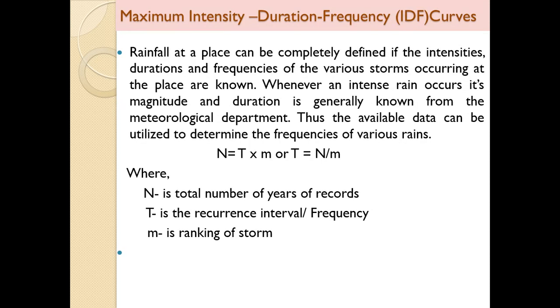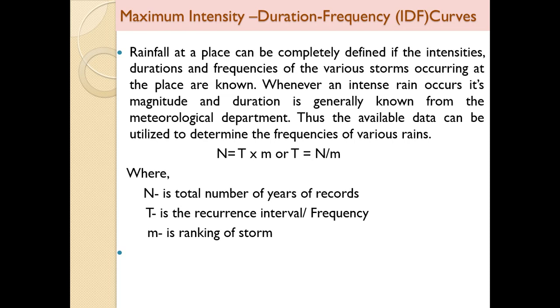It is very simple. Now next is maximum intensity duration frequency curves, popularly known as IDF. On this also 99% of the time a short note is asked. What is IDF? Intensity duration frequency curve.